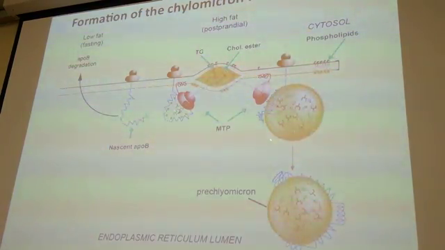And this is surrounded by a phospholipid. So this gives rise to our pre-chylomicron, which then can move through the secretory pathway through the Golgi and be secreted, gaining a few other apolipoproteins. But the apolipoprotein B, MTP, and the TAG are important steps in this process.